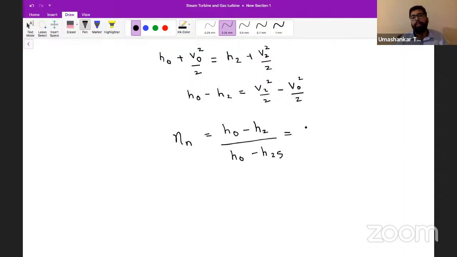So if I place this, I can write V2 square by 2 minus V naught square by 2. I'm just replacing the terms in terms of velocity, nothing else.